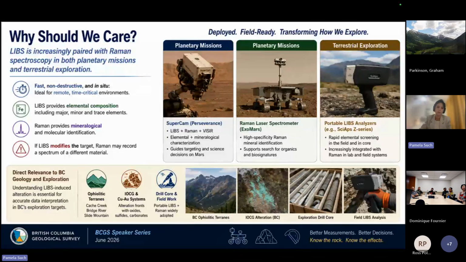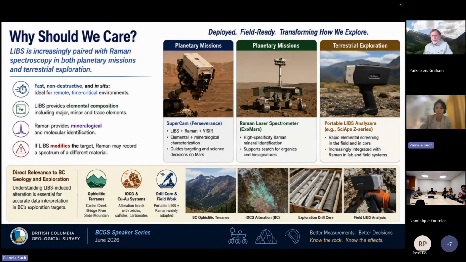They are using those techniques to analyze samples up to 20 meters away for LIBS. Another planetary mission traveling soon to Mars will be ExoMars, which will hold a similar combined instrument on the head of the rover.